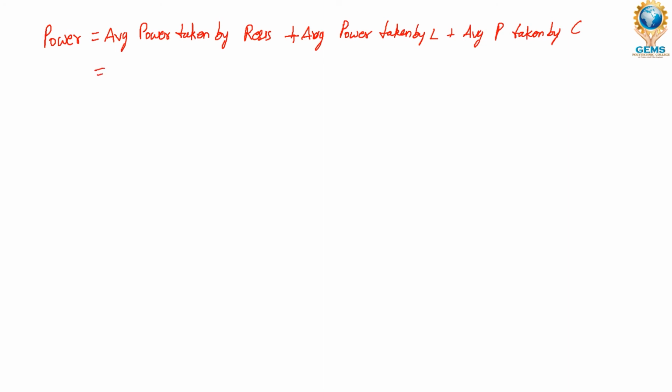Average power taken by resistor is I square into R, plus inductor 0 plus capacitor also 0. We can write I into R into I, so I into R is VR, into I. We already know VR equals V cos phi.